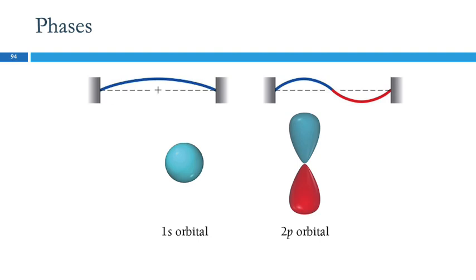Yes? In this context, could you explain phase, like a position? Yeah, so if we're thinking about a wave on a string, the phase is whether that part is above the center line or below, right?